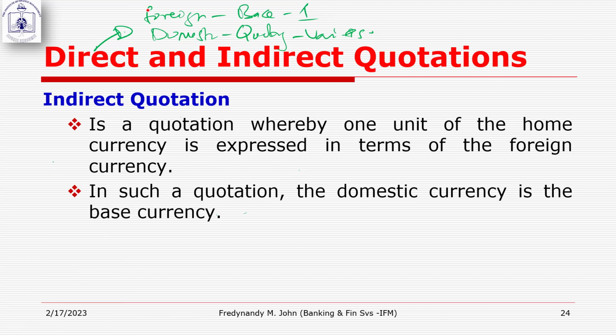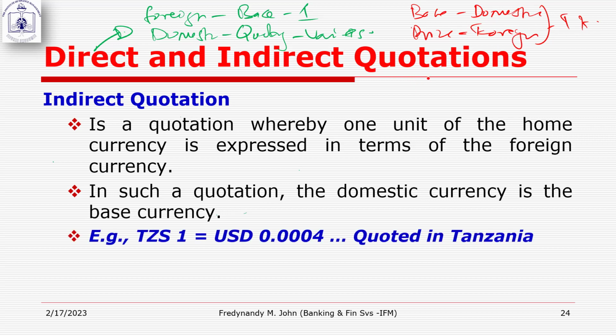So here, if the base is domestic currency and the price currency is the foreign currency, and the quotes have been done in your country, for example Tanzania, then that is what we call indirect quotation.